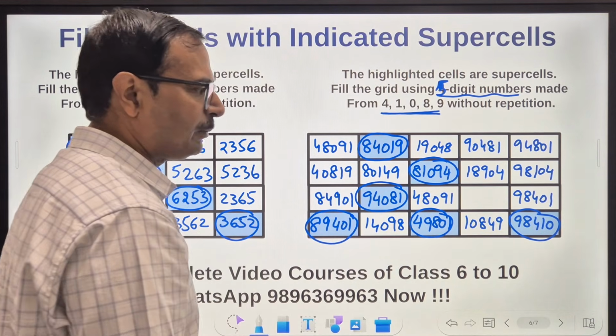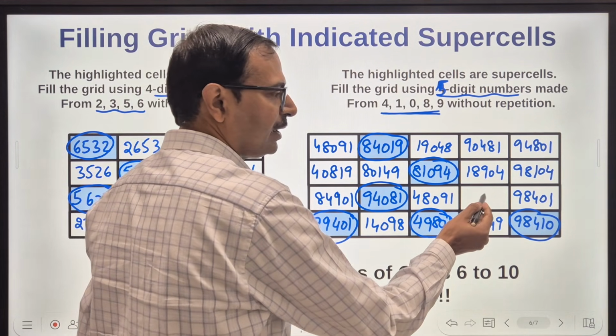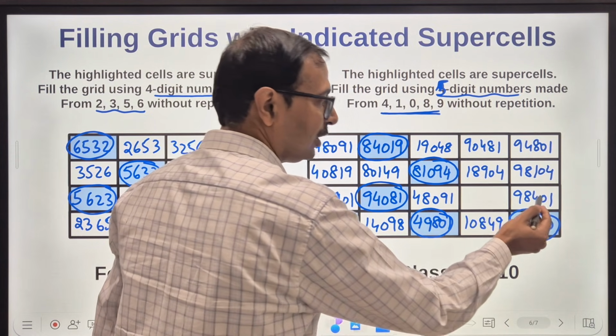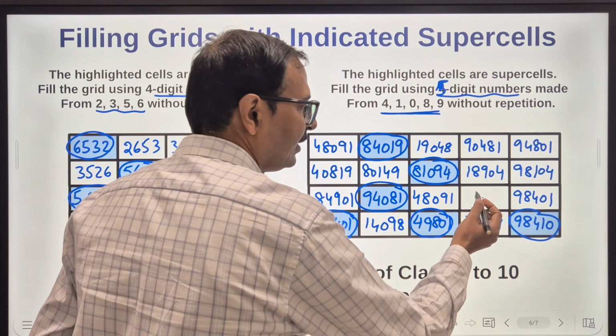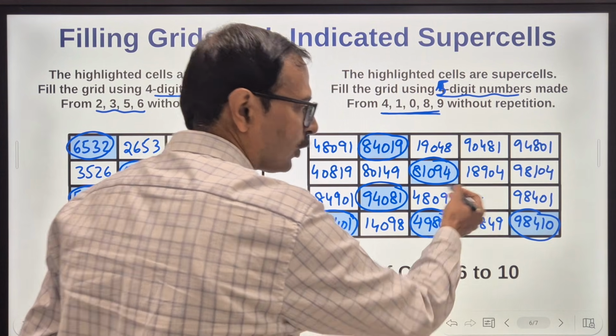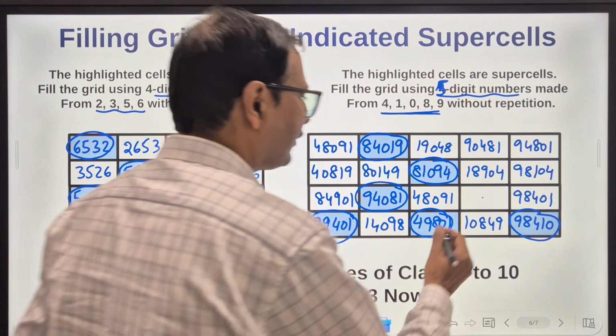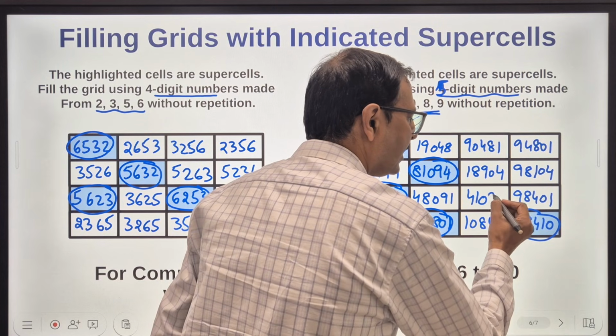And finally we have one more number. If this becomes a supercell, all these numbers will be smaller. So I need a number which is smaller than any four of them, right? So for that 41098 is what we are taking.